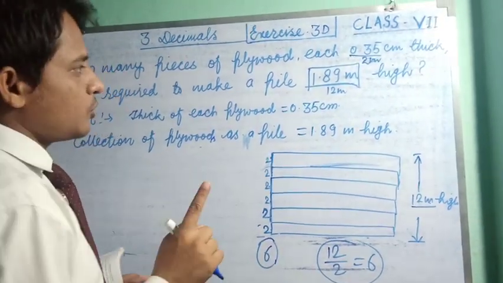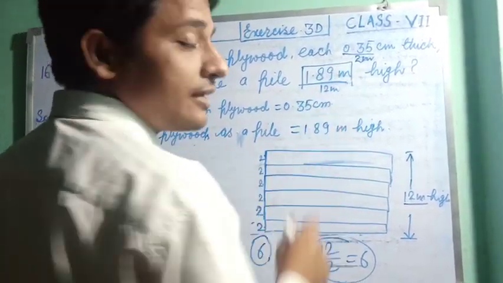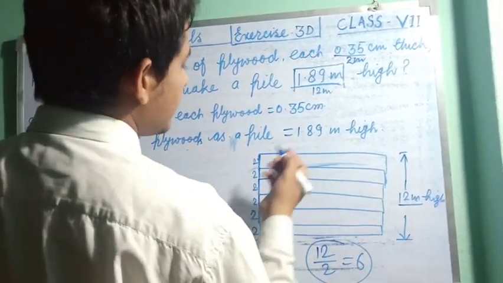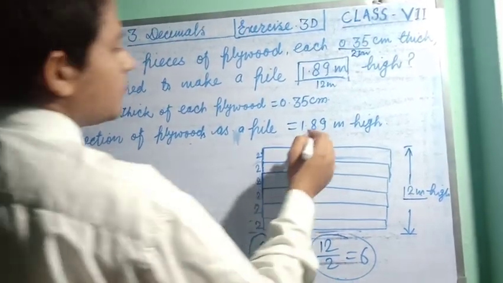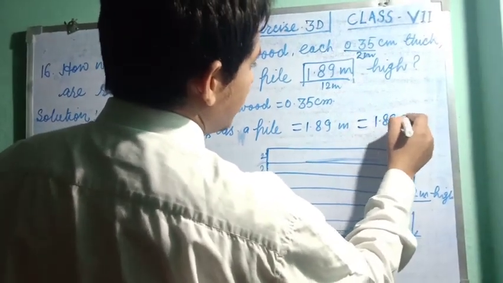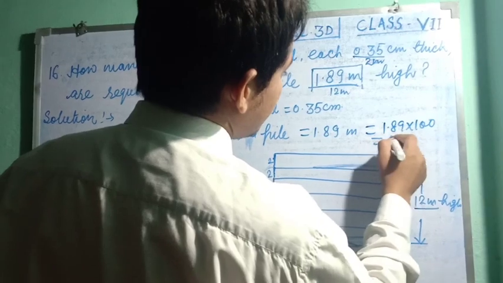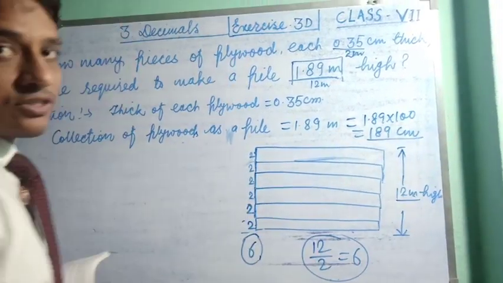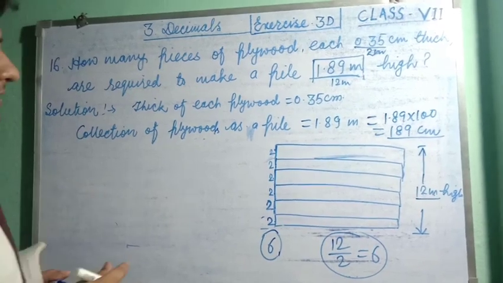But one thing is important. First of all, change this meter into centimeter. That means we have to multiply 1.89 by 100. This becomes 189 centimeter, because 1 meter is equal to 100 centimeter.